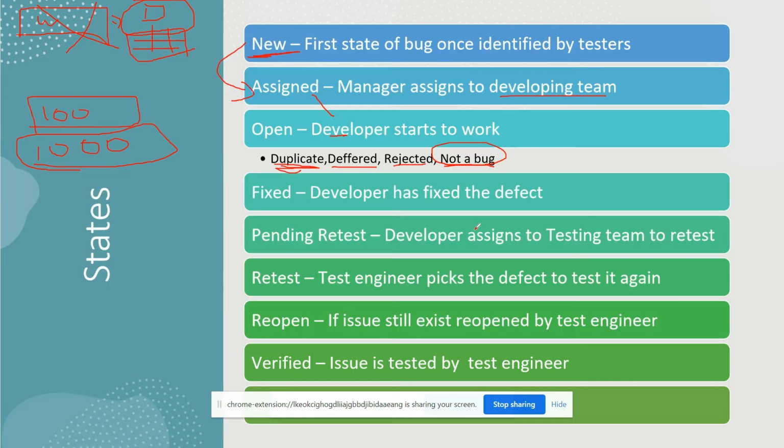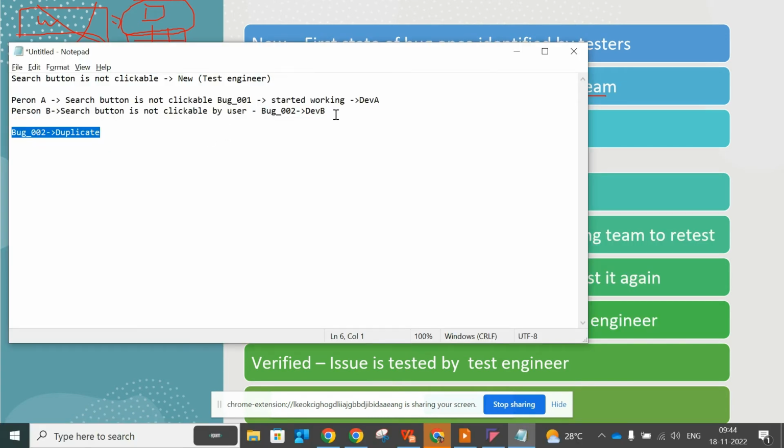Okay. So deferred means, see, this is a defect you have raised. The search button is not clickable and it is marked as bug 1.